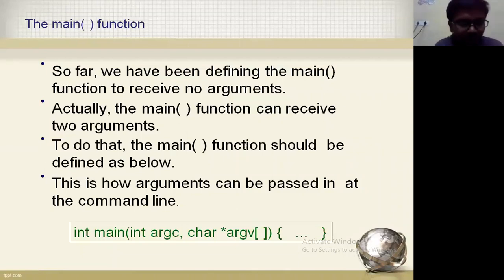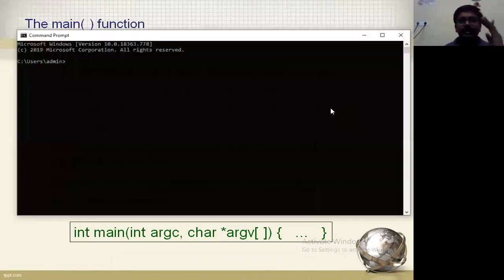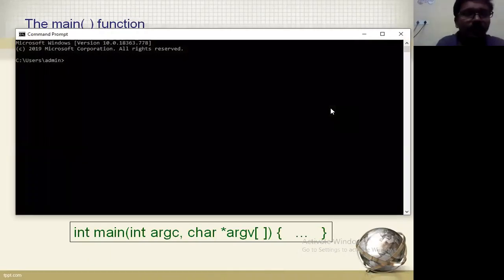Where can we apply the command line argument? In this environment, we can pass some arguments. What is the meaning of argument? Passing input to user-defined functions or system-defined functions. Now we are passing input to our main program. That is the command line argument.